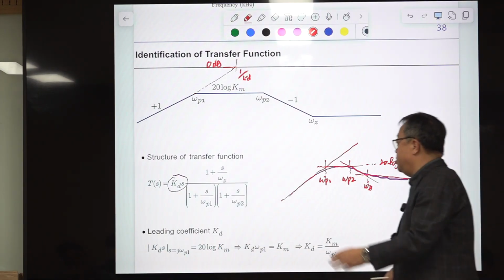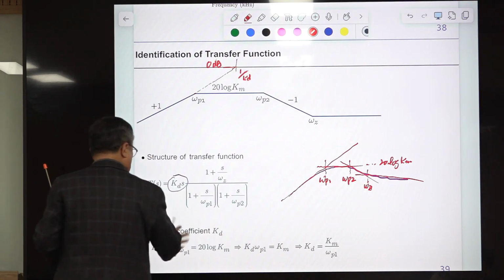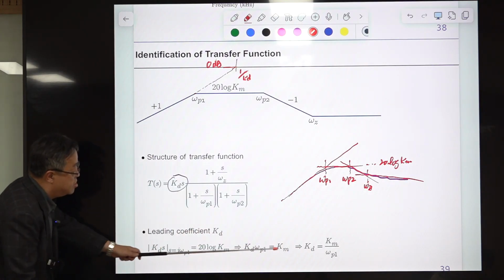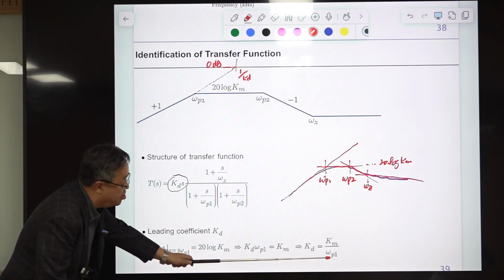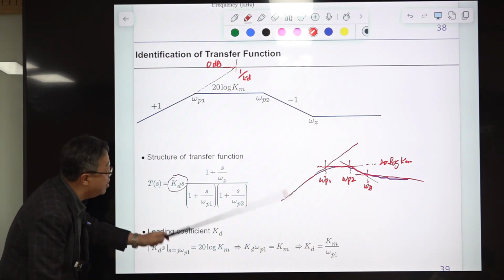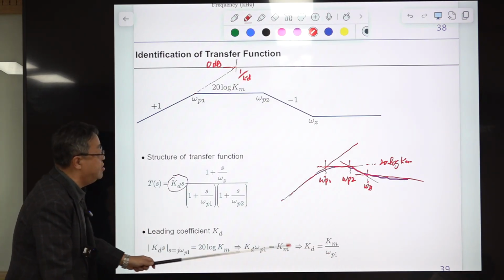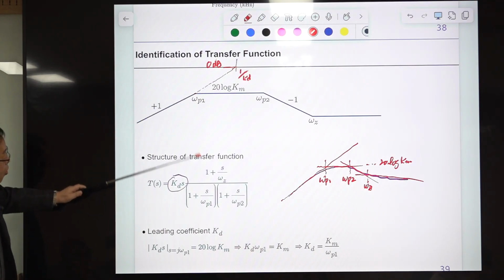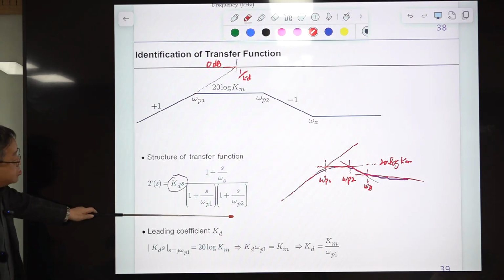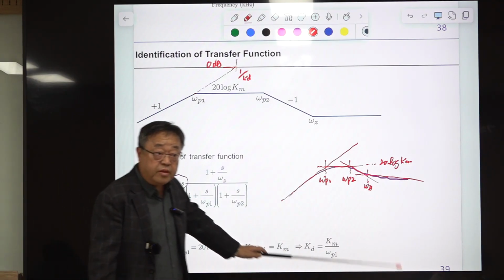Then you take out this log scale, and this is a linear scale, and you have this expression, and KD is determined by this. Km is known, and this is known, then KD is known. Okay? So this is the way of constructing the transfer function from the asymptotic plot, or from this measurement. Okay?